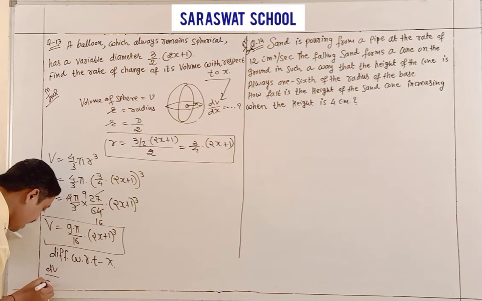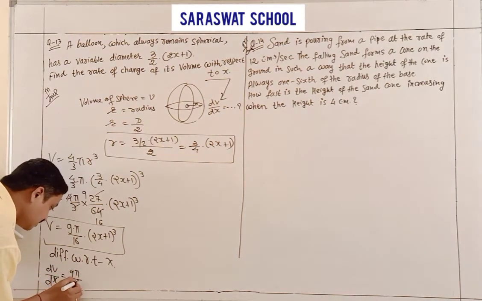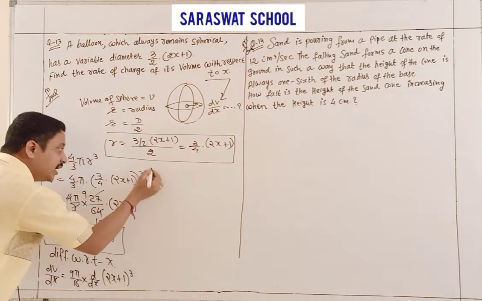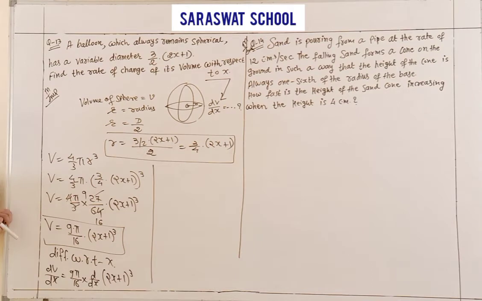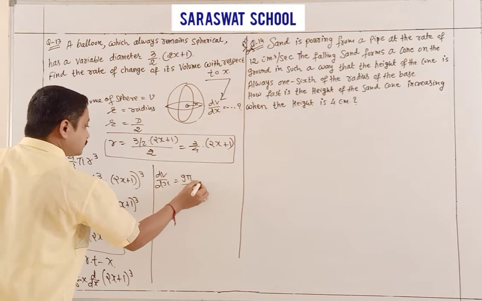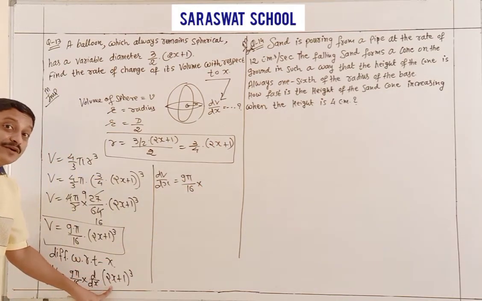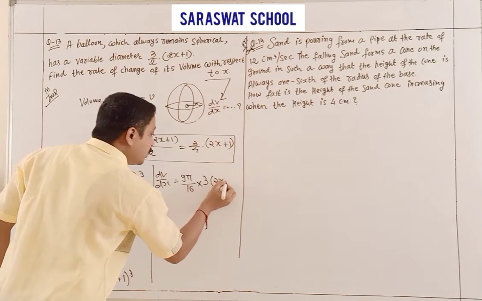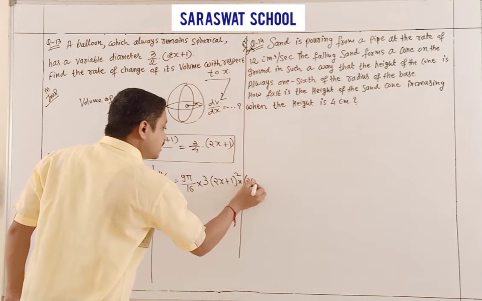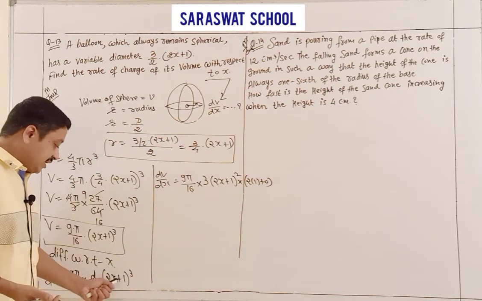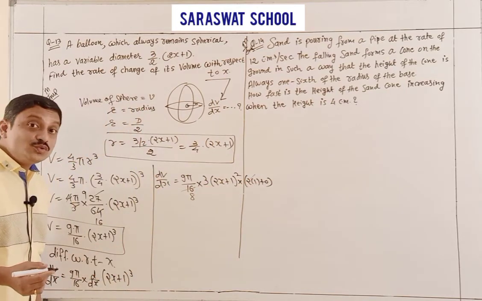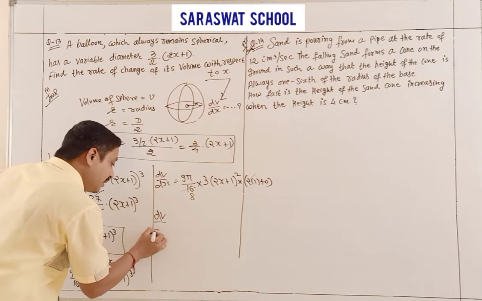So dv by dx is 9 pi by 16 and d by dx of (2x plus 1) cube. Now take the derivative with respect to x: 3 times (2x plus 1) square into the derivative of 2x plus 1, which is 2. This 2 and this 2 cancel, leaving 8. And the final answer dv by dx is done.